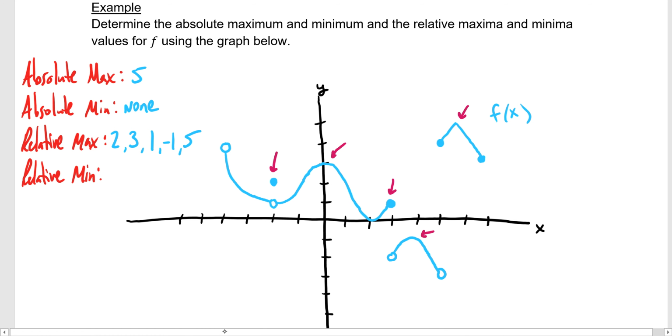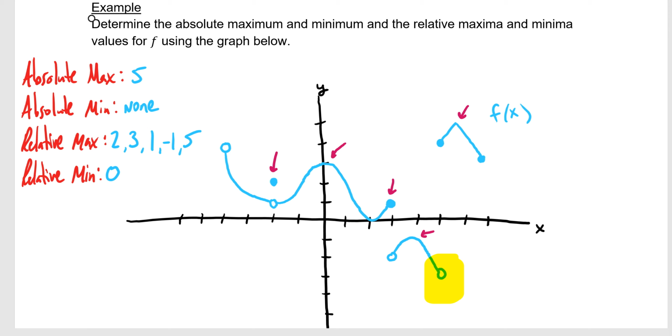Now let's look at the relative min, and we're scanning left to right. It looks like we don't have a relative minimum until this value right here, and that's going to be a y value of 0. And we keep scanning left to right, and this is not the one I'm highlighting now. This is not a relative minimum because it's a hole.